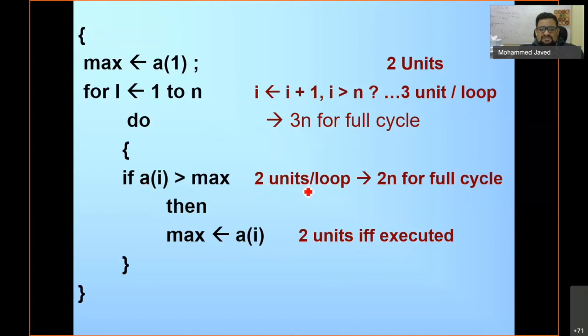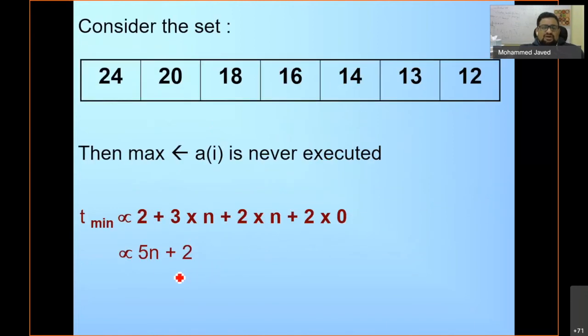Similarly, this is 2n for the full cycle, and 2 units if it is executed. Just to check, if the array is 24, 20, 18, 16, 14, 13, 12, then we know that 24 is the maximum element in this particular array.